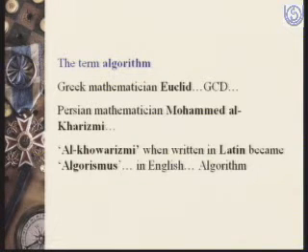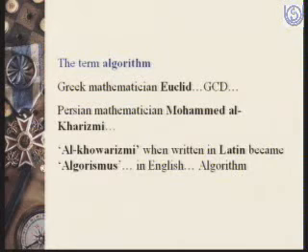Actually, in the 9th or 10th century in Iraq, there was a great mathematician called Al-Khwarizmi.